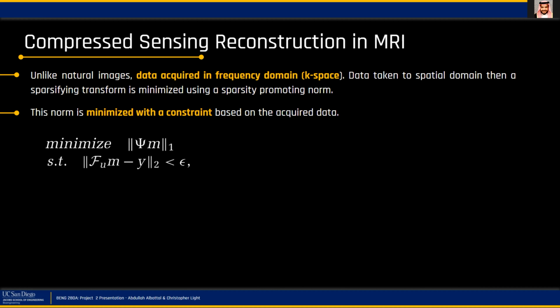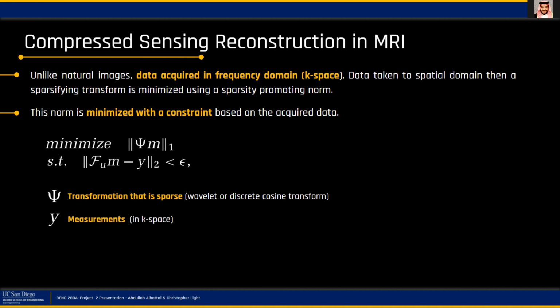So what we want to minimize is the L1 norm, which is a convex approximation to the L0, which is the ultimate sparsity-promoting norm in the transform domain. That transformation is either the wavelet or the discrete cosine transform or the total variation.